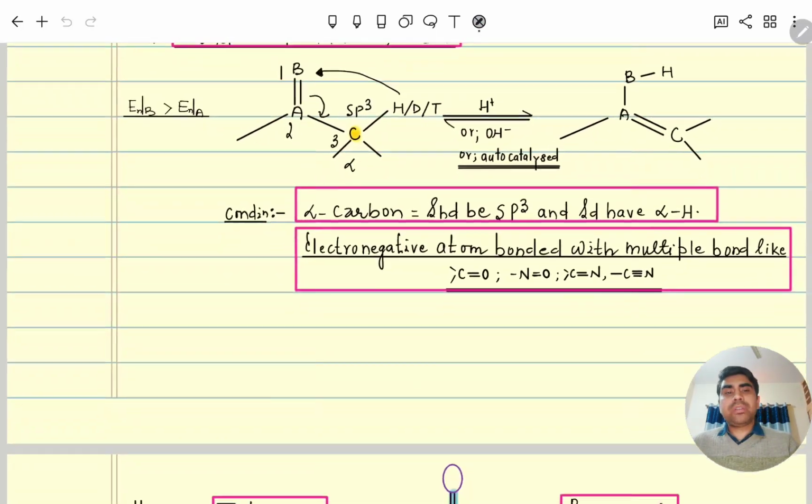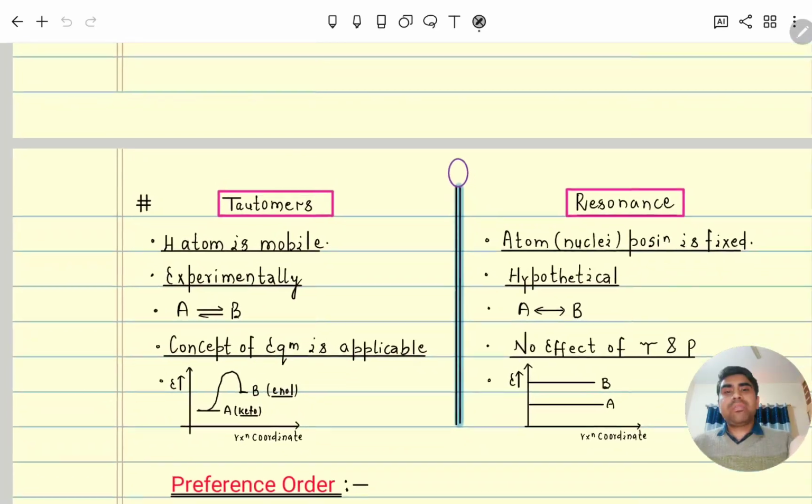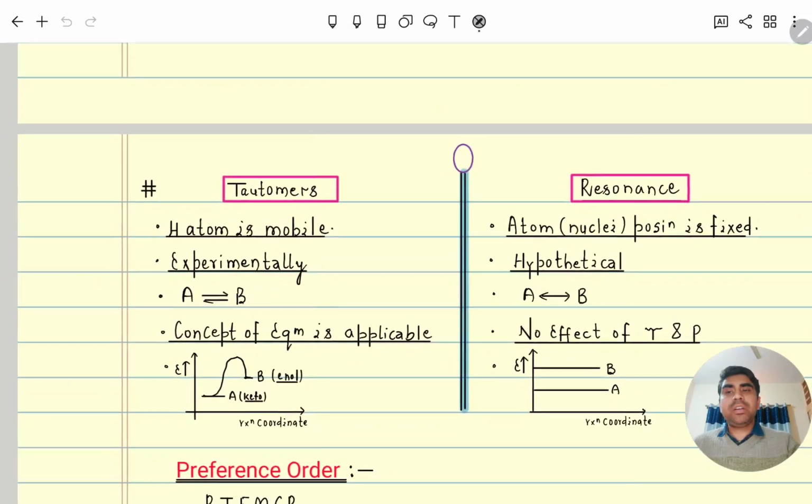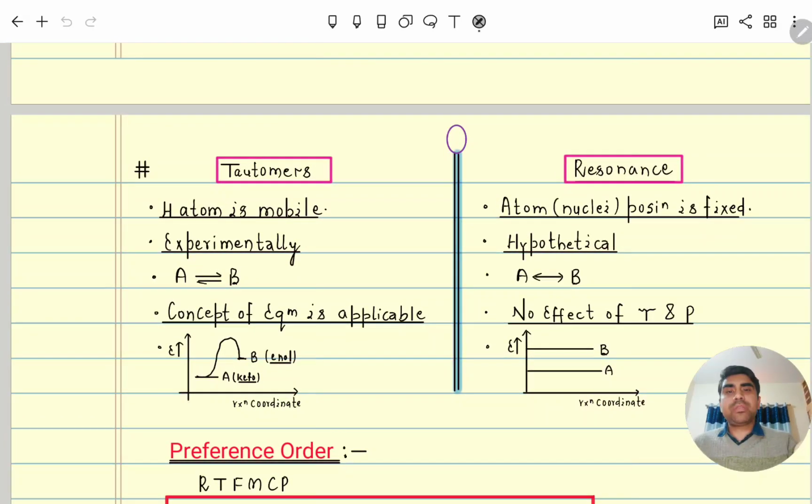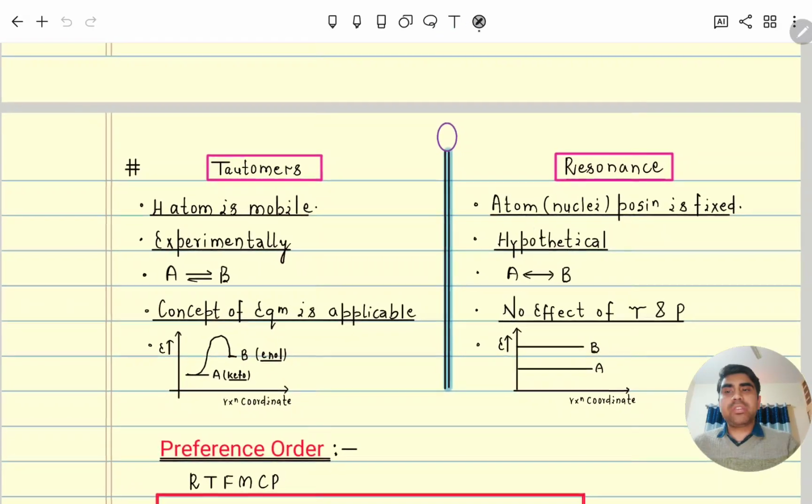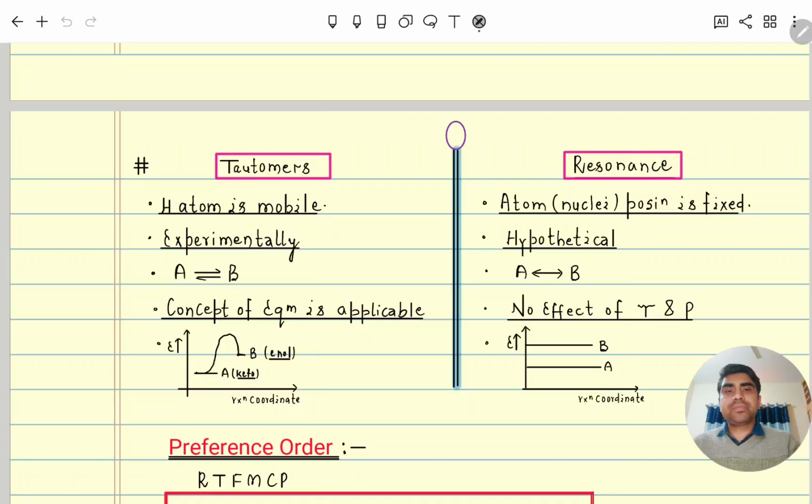Clear? Moving further, what is the difference between tautomerism and resonance? In tautomerism, the hydrogen atom is mobile. The hydrogen atom is oscillating from the third position to the first position.